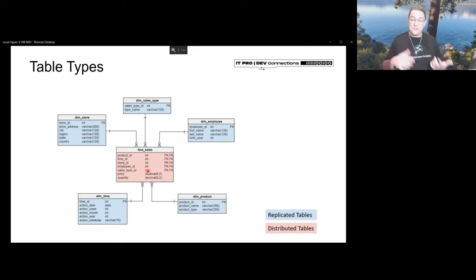And the dimension tables, by the way, tend to be way smaller than a fact table. Of course, your case could be a little different, but usually the dimension tables are way smaller than the fact tables. So if I keep the dimension tables in the compute nodes, the compute node has everything it needs to process the data within itself.